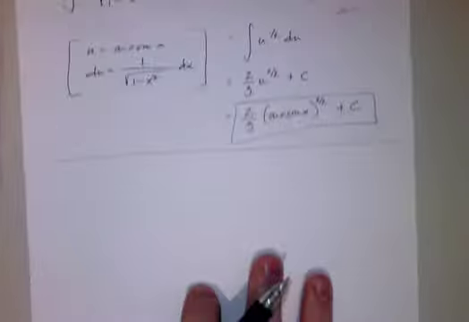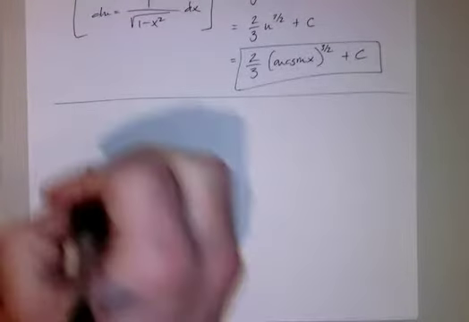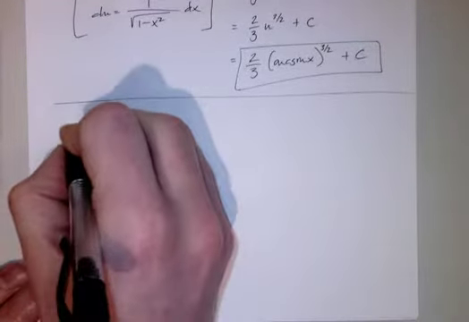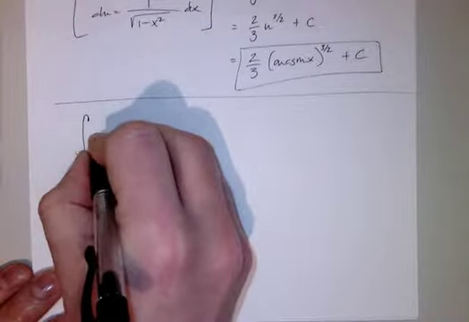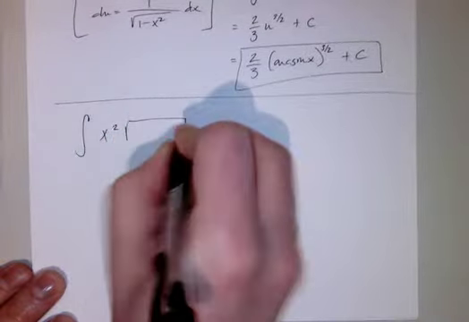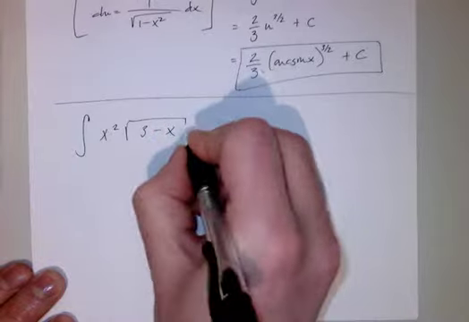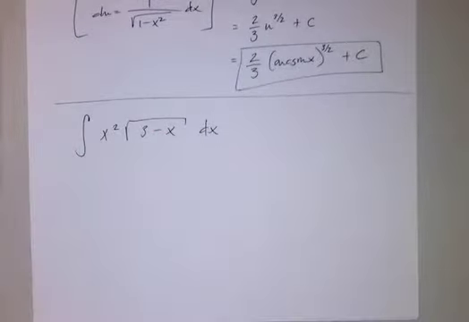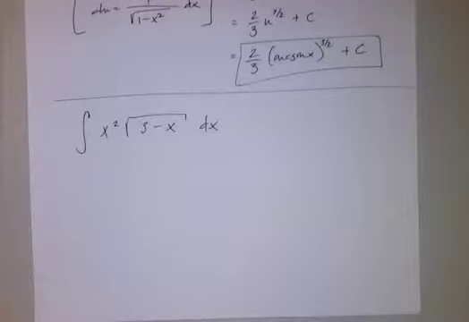Okay, well, let's keep going. Let's do this one. Let's do x squared times the square root of 3 minus x dx. Well, here I have a problem.